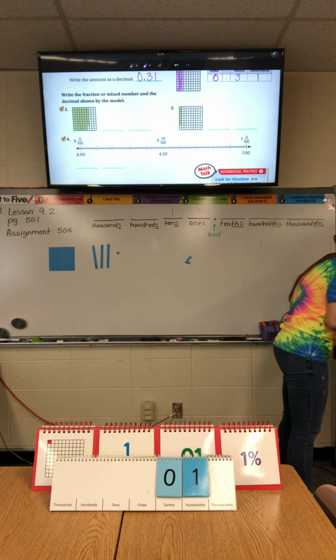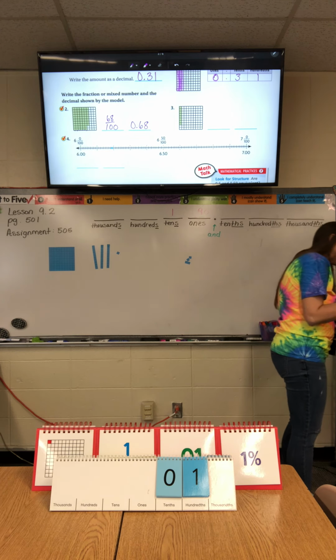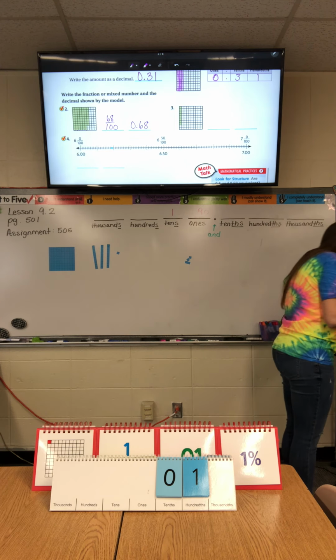So we can count here, we've got 1, 2, 3, 4, 5, 6 tenths and then 8 hundredths. So that's going to be 68 out of 100 are shaded, and then that's 0.68, 68 hundredths as a decimal.